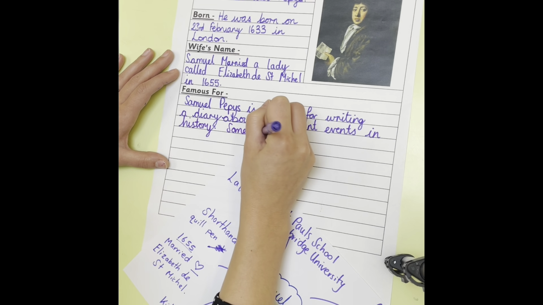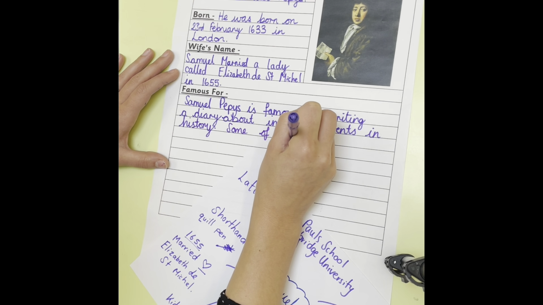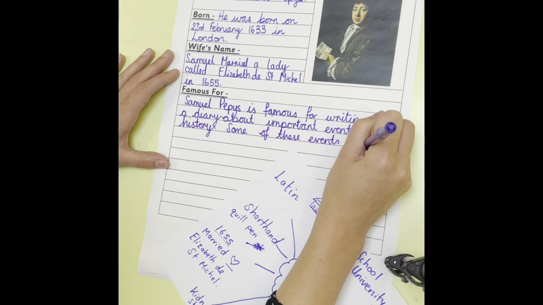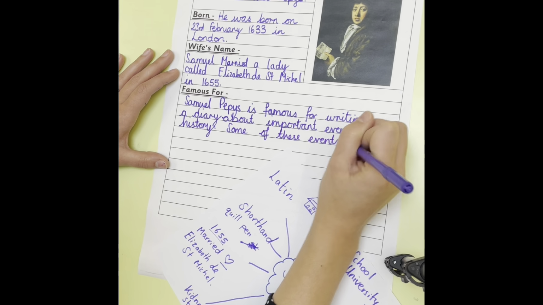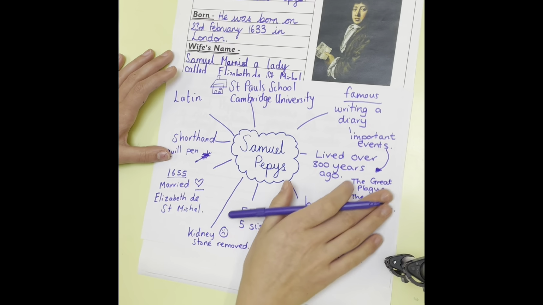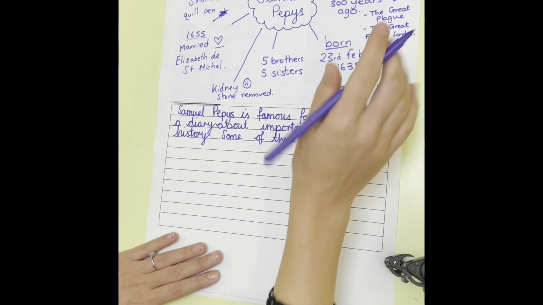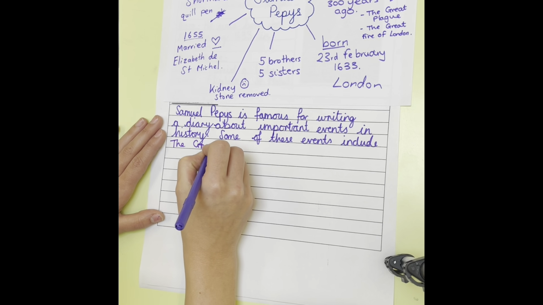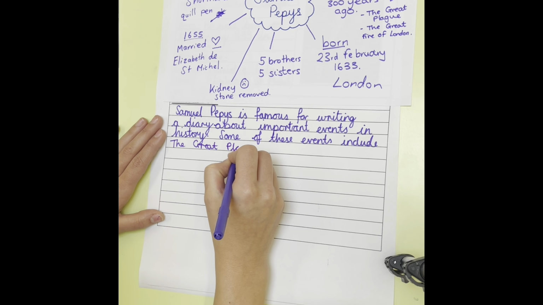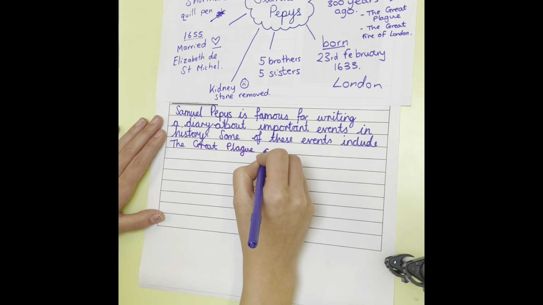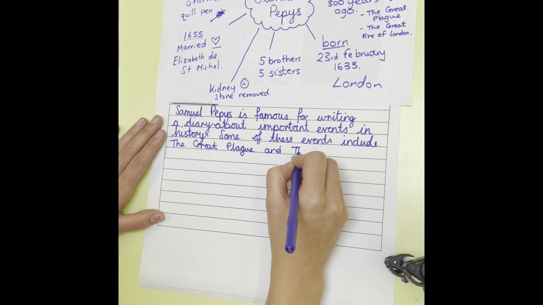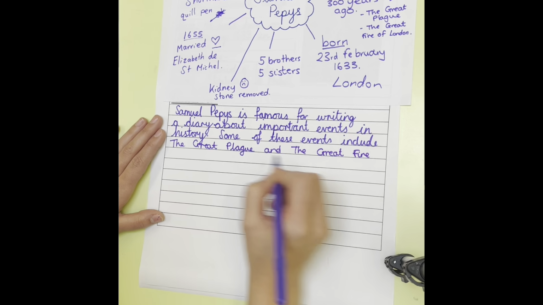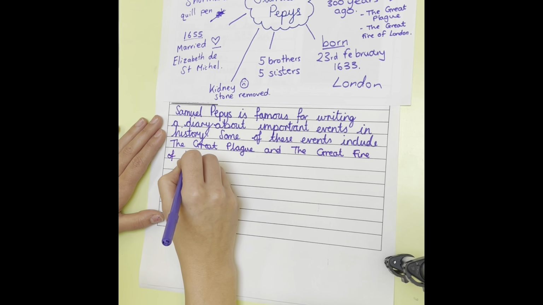Some of these events include, let me look back at my mind map, yes, the Great Plague, and the Great Fire of London.